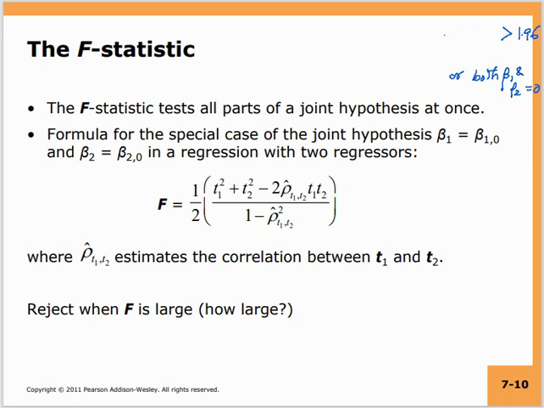So given this problem, we now introduce the idea of an F statistic. This is a different statistic from our t statistic, and we will talk about it in this particular lecture. The F statistic is a statistic which tests all parts of a joint hypothesis at once.